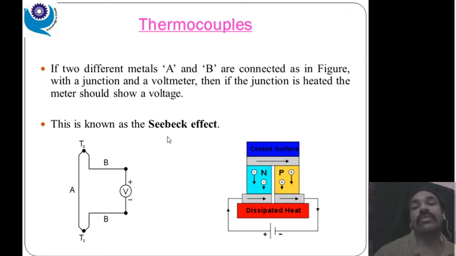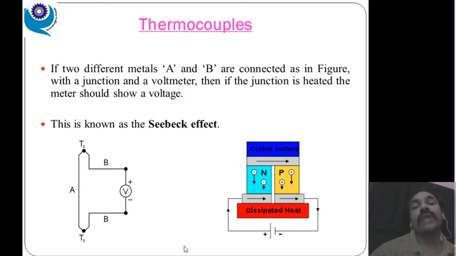And similarly, one more part is the Peltier effect. In the Peltier effect, what happens is, when we take two dissimilar metals in this way, and cut from the middle, by cutting in the middle we can connect a voltage source over there.